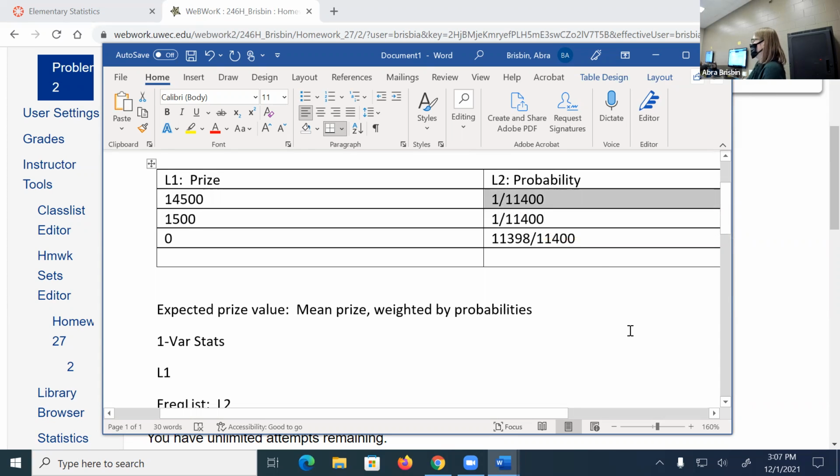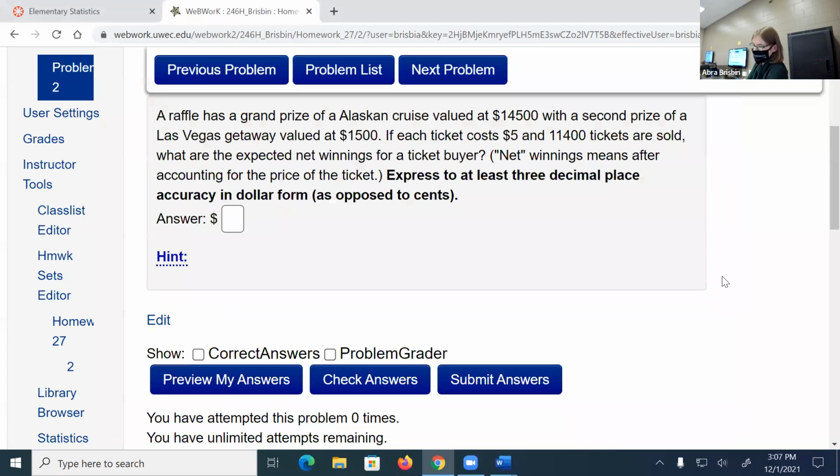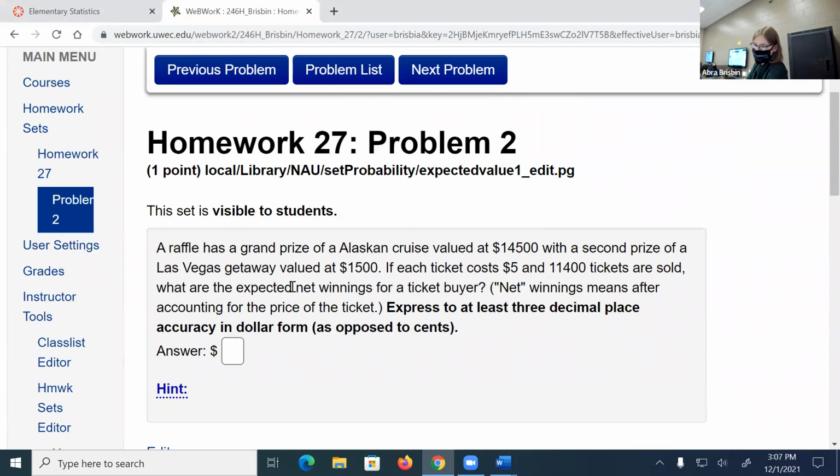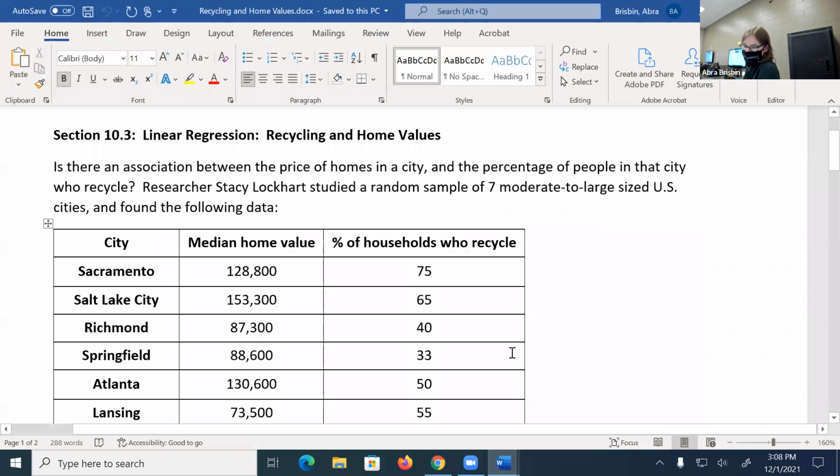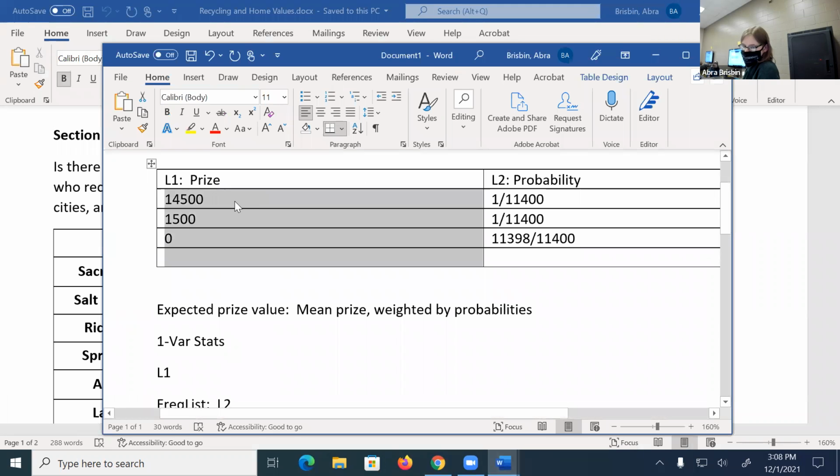So you'll get the same answer both ways. Doing it this way will give you the average prize value. Then to get the expected net winnings after you account for the price of the ticket, take that answer and subtract $5. Alternatively, we could have just subtracted $5 from each prize value as we were entering it into L1. Allison, does that answer your question? Yeah. Cool.